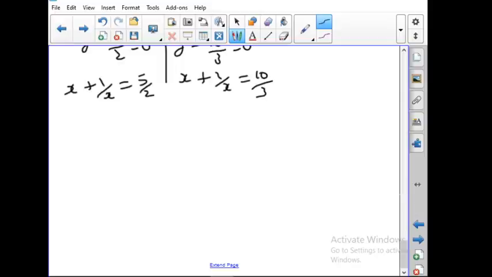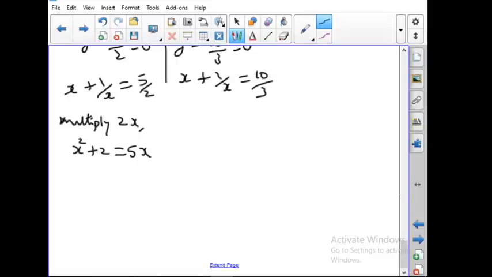See here, denominator we are having x and 2, so the LCM is 2x. We multiply throughout by 2x.